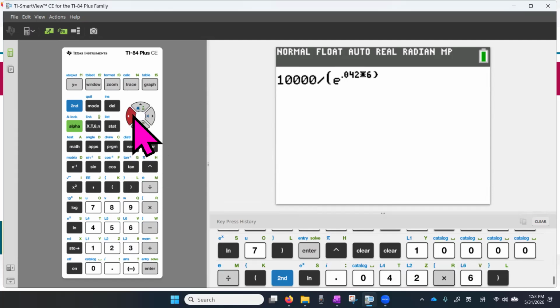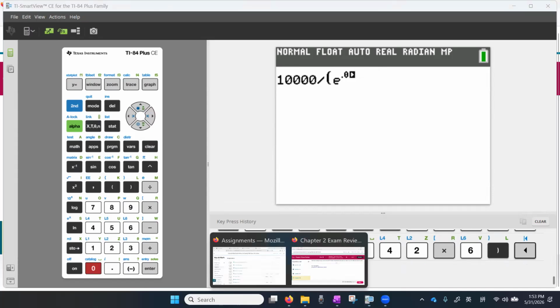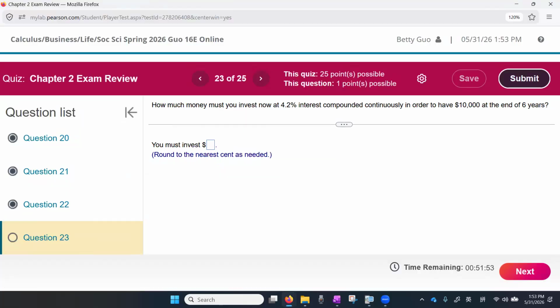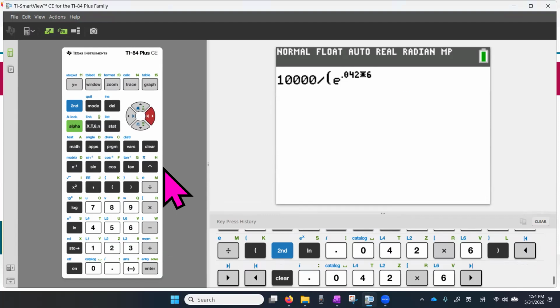Oops, I messed this up. I mean, like this. Then 0.042 times 6, and then close the denominator.